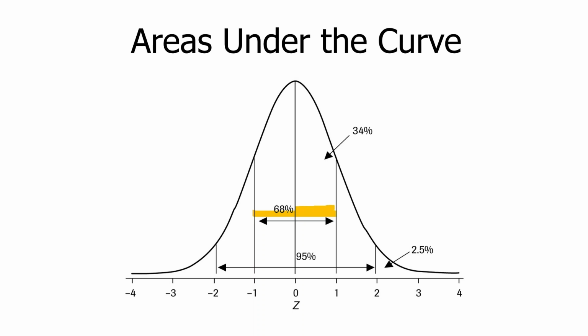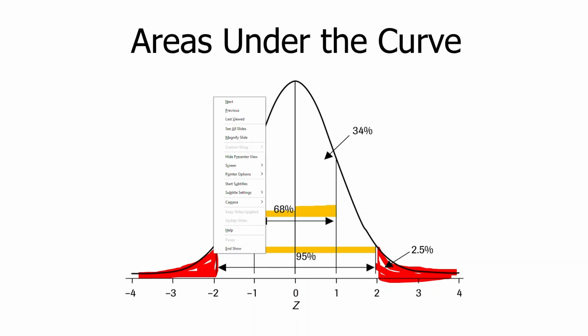And then 95% between -1.96 or -2 by conventional rounding, and plus 1.96 will contain 95%. And then, of course, out here in the tails, beyond those two extreme values, you find 2.5% out here above 1.96 and 2.5% down here below -1.96. 5% of the time we obtain sample means that are wide of the mark, and this is just by chance.